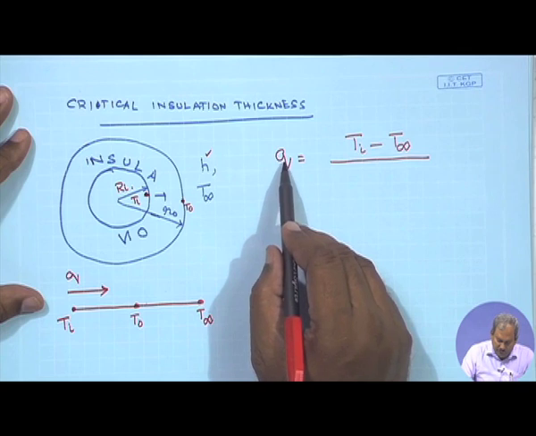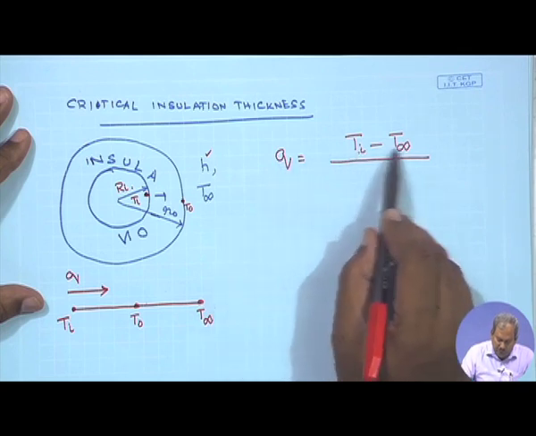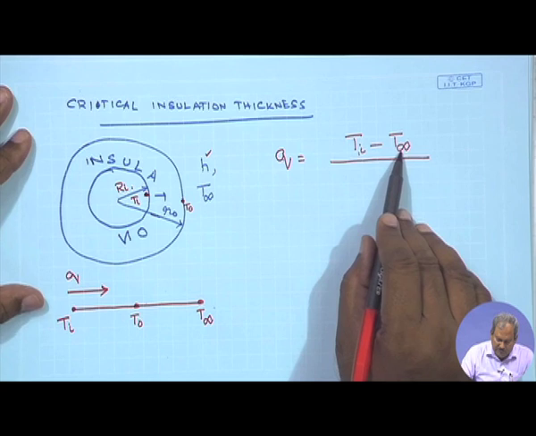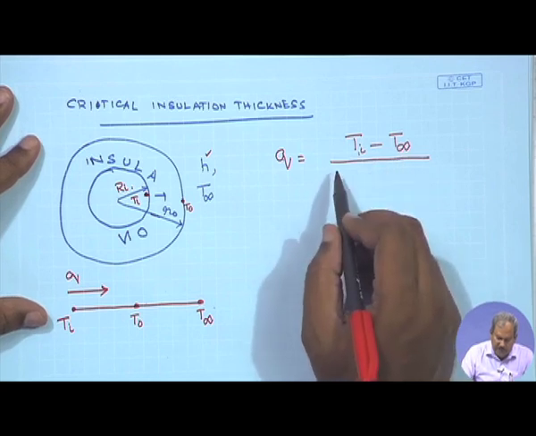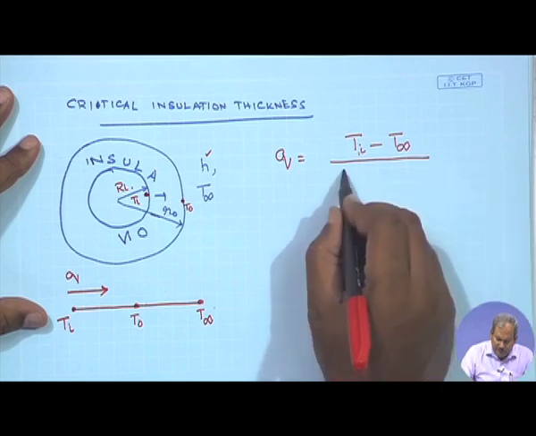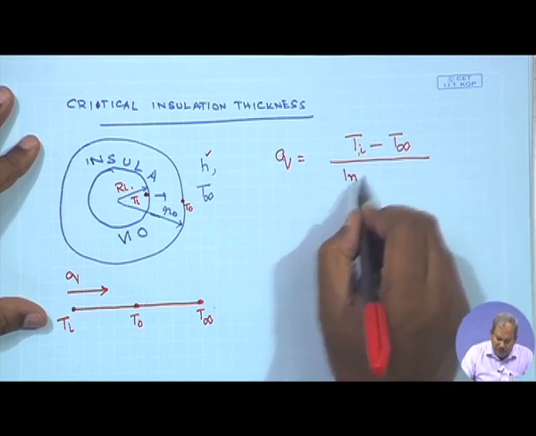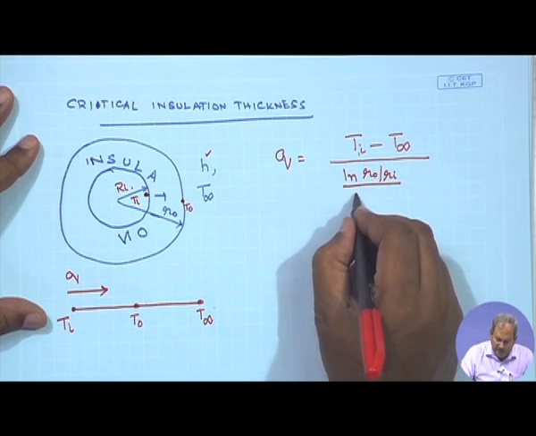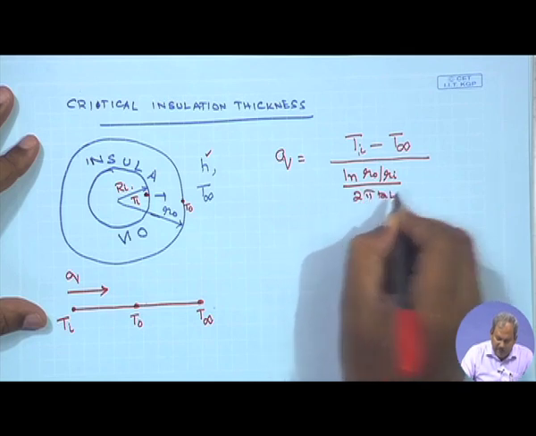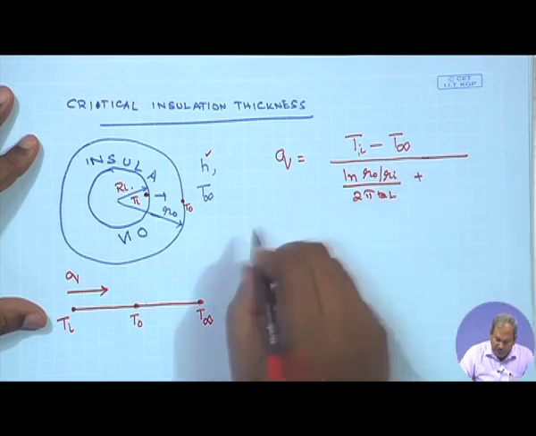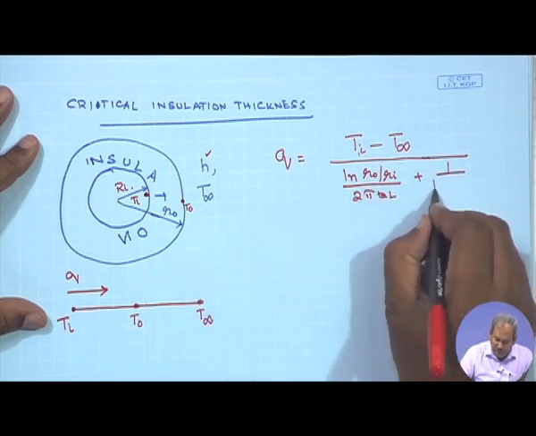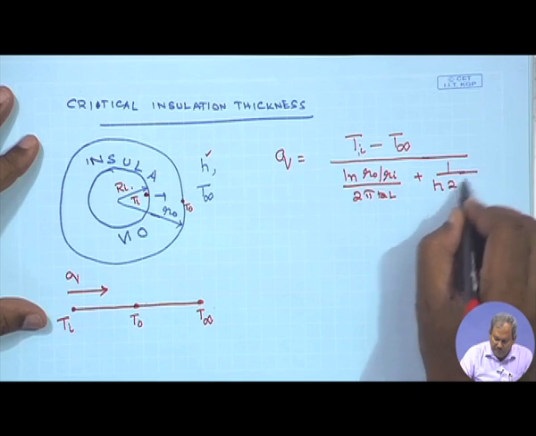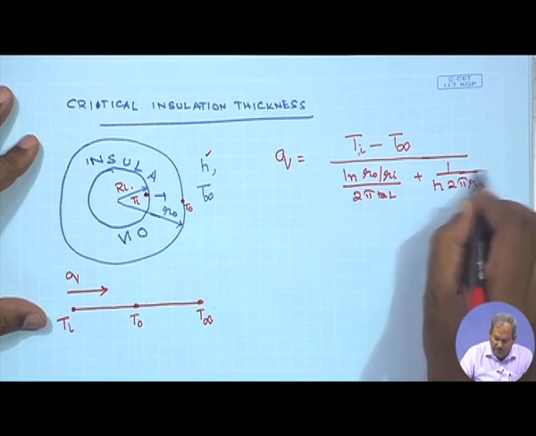So, Q is going to be equal to the effect over the cause: the temperature difference divided by the sum of resistances. And we know that for cylindrical systems, the conductive resistance is simply ln(R0 by Ri) divided by 2 pi K L, and for convection it is going to be 1 by H A, where H is the convective heat transfer coefficient and A is the area available for convection.